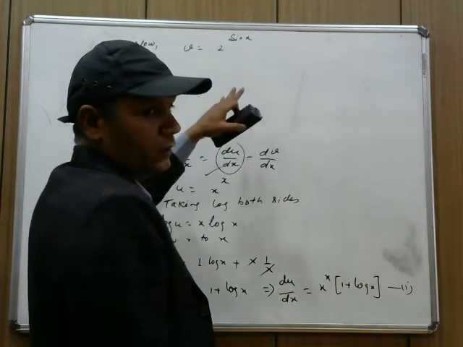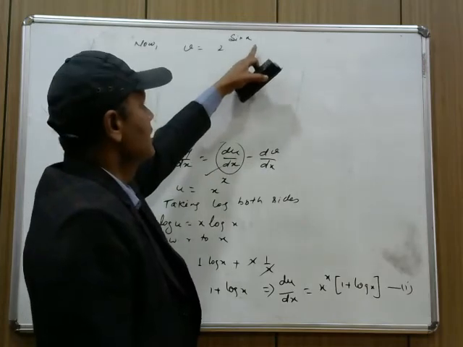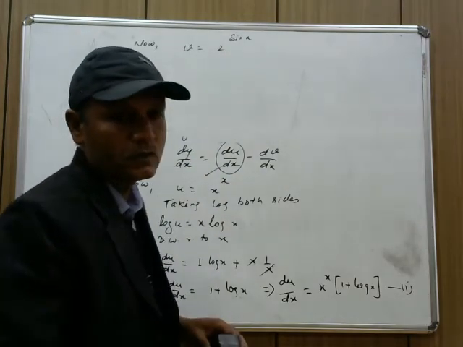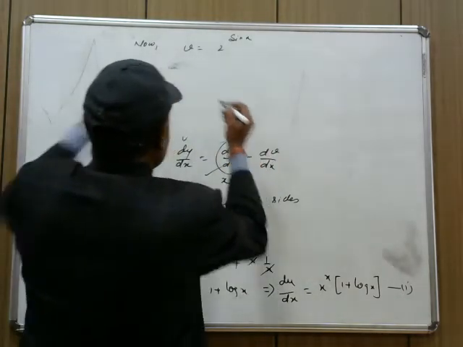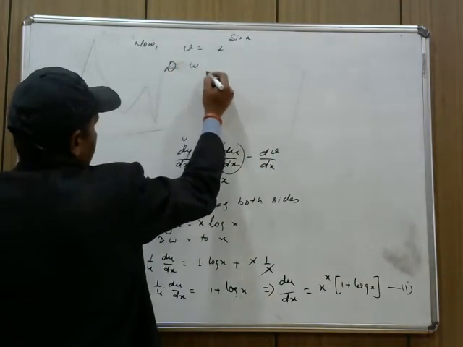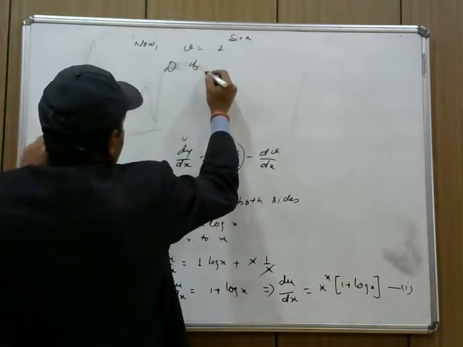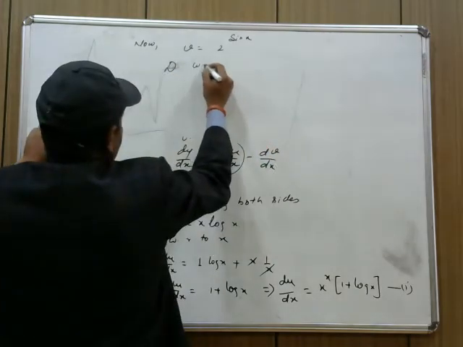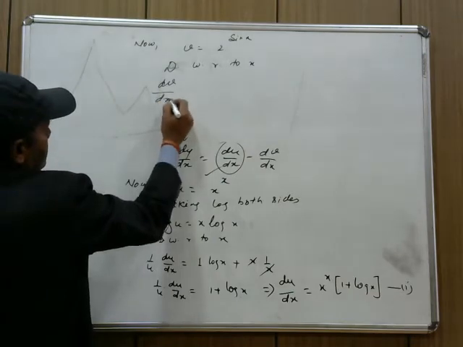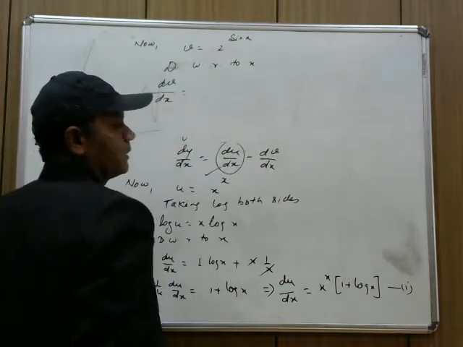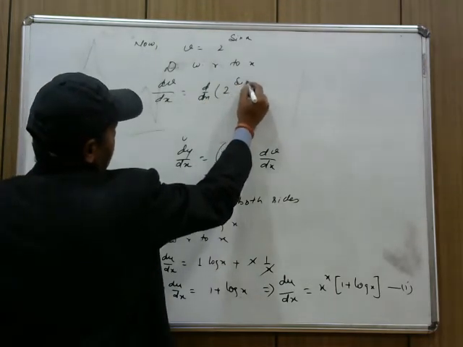And if I take log, then also there is no problem. Then it becomes log of 2 to the power sin x, which is sin x into log 2, where log 2 is the constant. That's why, differentiating both sides with respect to x, dv by dx is equal to d by dx of 2 to the power sin x.